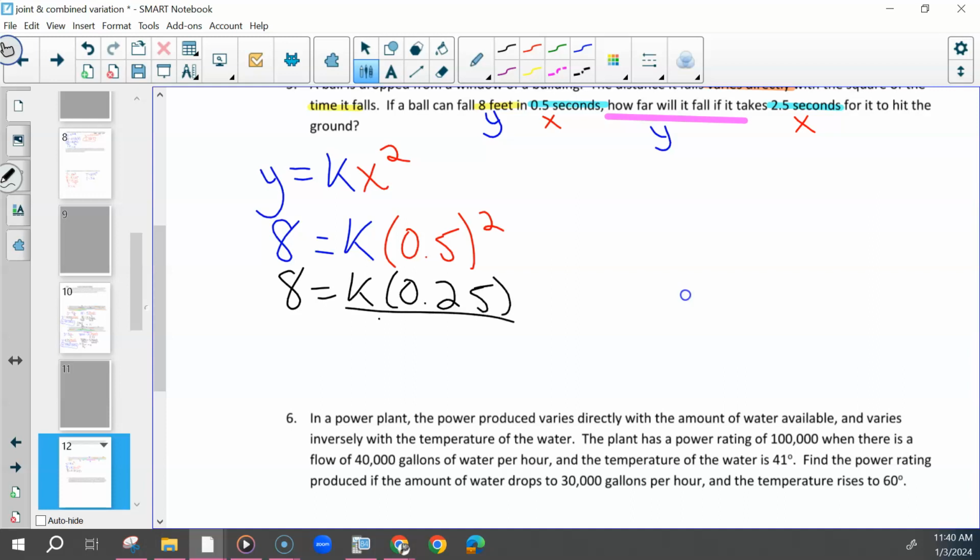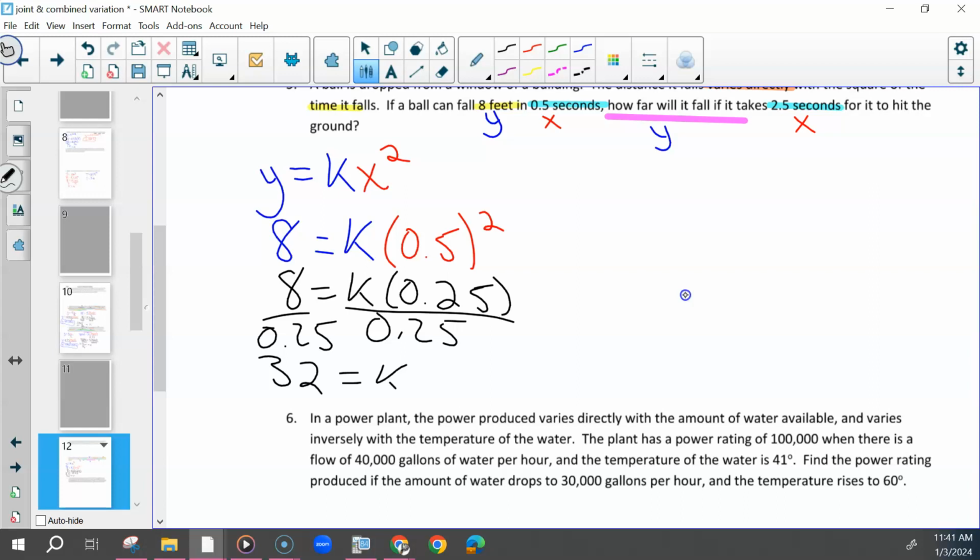And then if we divide both sides by 0.25, k is what? 32. So now we have k.